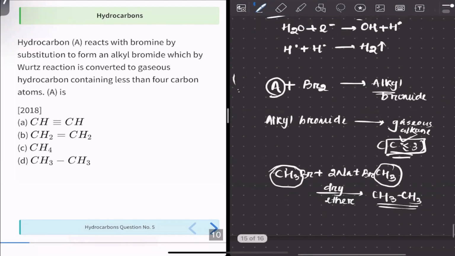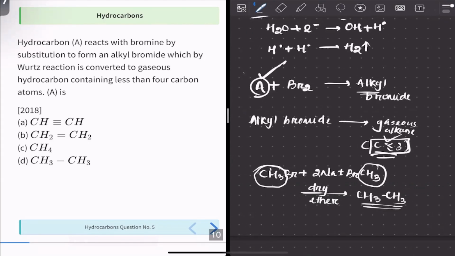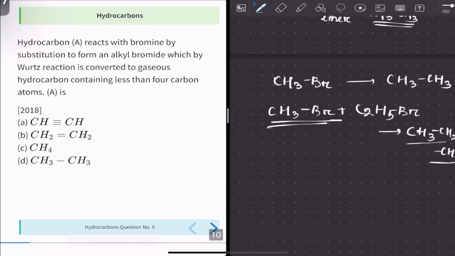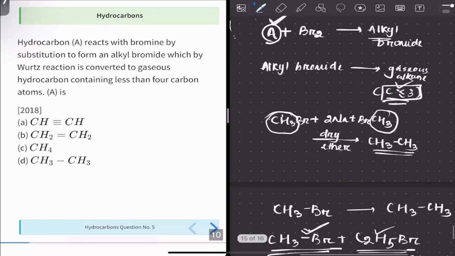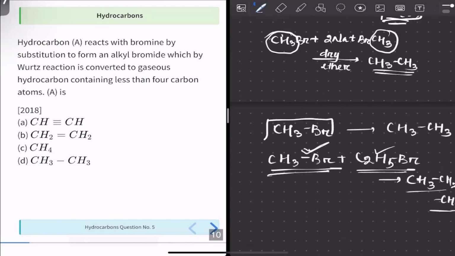But here the A is only one compound. So we can't take CH3Br and C2H5Br at the same time, because the question is asking that only one alkane is used. So the only one alkane will be the derivative of CH3Br, right?